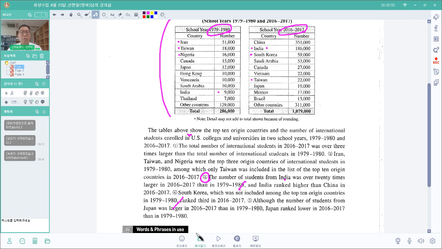So here, if we look at the numbers, 12,000 for Japan, and we have 19,000. So in this year they have more students from Japan, but in terms of ranking, the ranking went down even though the number went up. So this is correct. So number 3 is the answer.